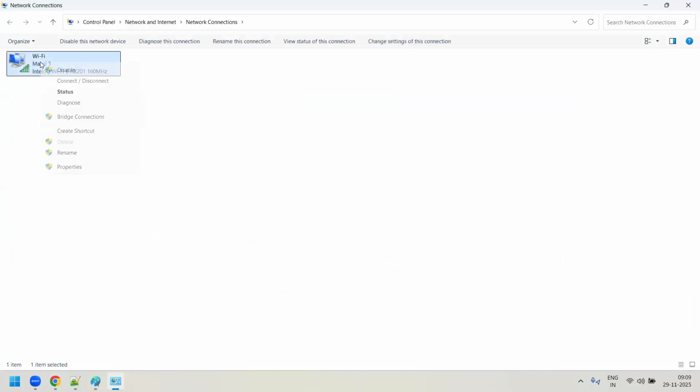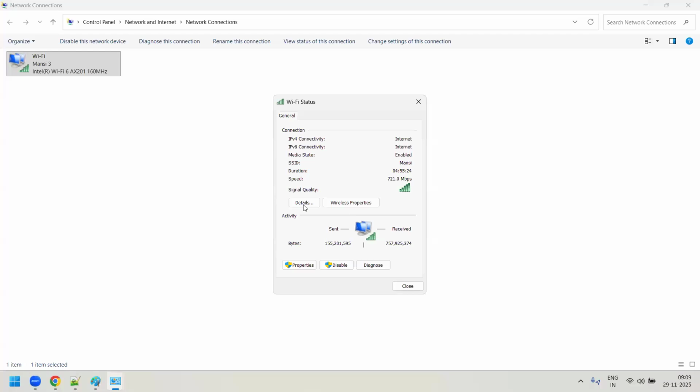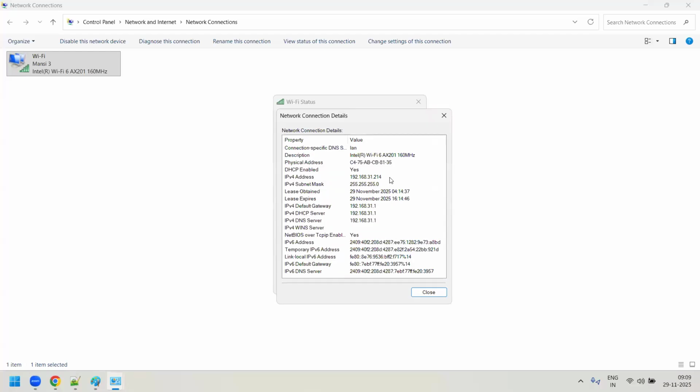If you go to the status and then to the details, can you see here? For my machine, I got 192.168.31.214. This is the IP address which has been assigned to my laptop, and this is the default gateway, this is the IPv4 DHCP server, and this is the DNS server. So you could see that I got one IP address.